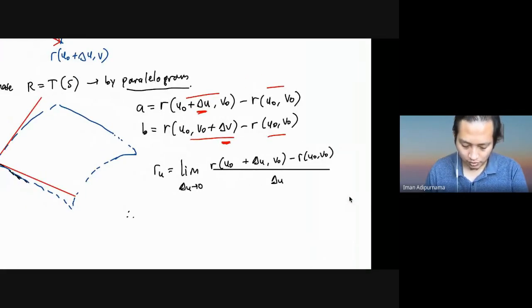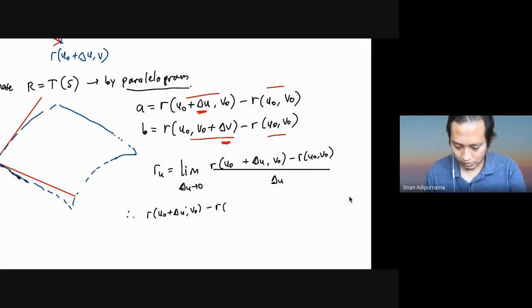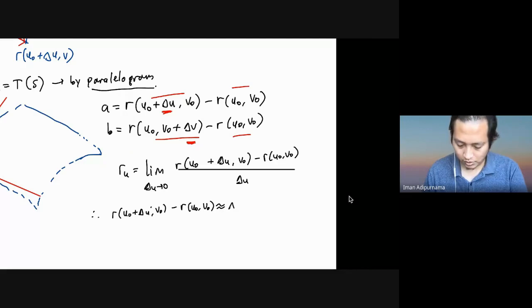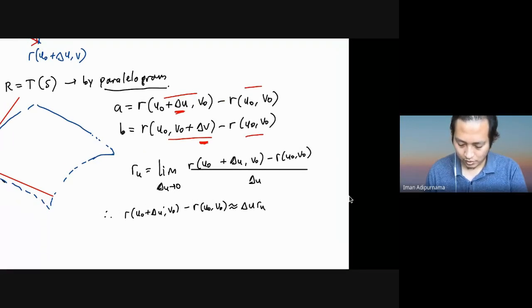And thus, this will be approximately delta u times ru, and this will be approximately delta v times rv.